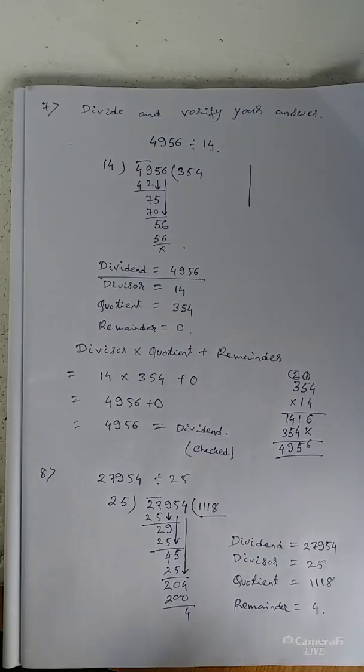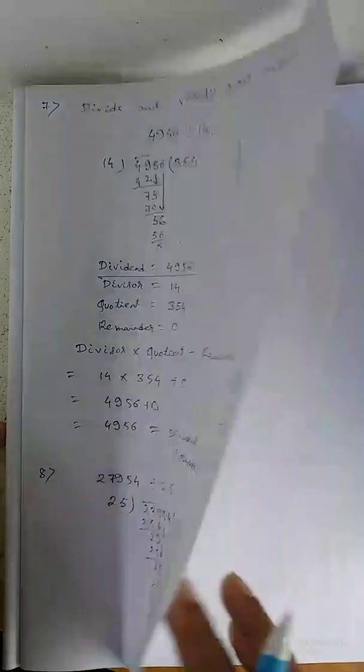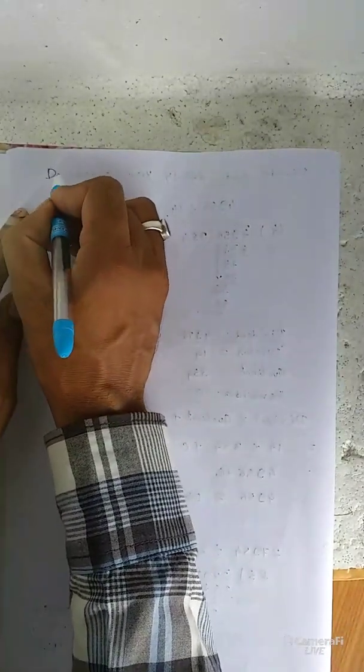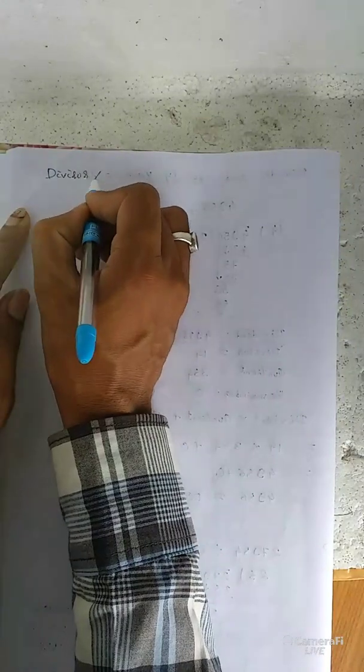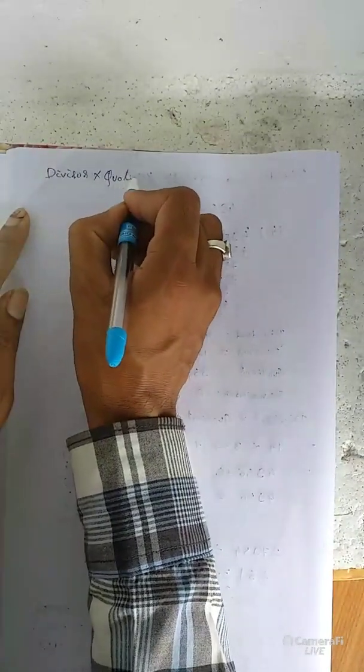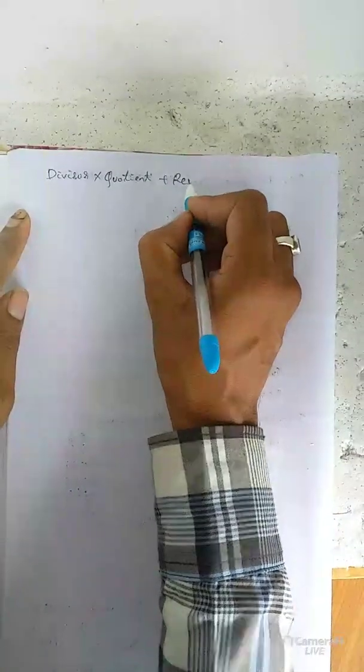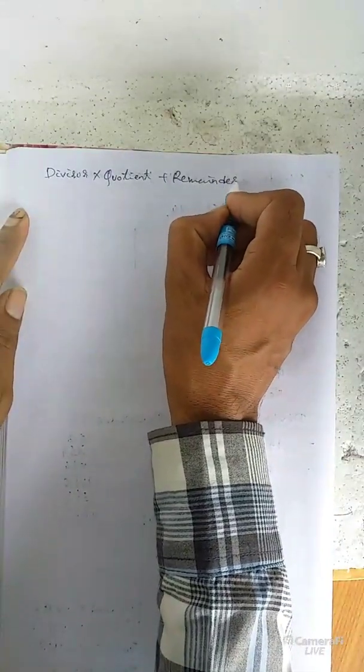So for this one we will multiply the divisor and quotient and then add with the remainder. So let us write that divisor multiply quotient plus remainder.